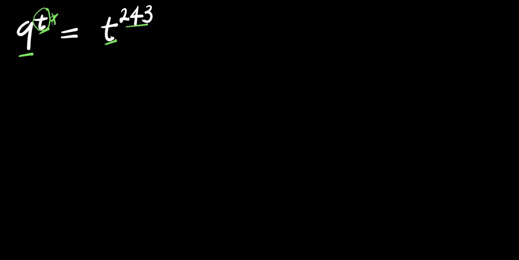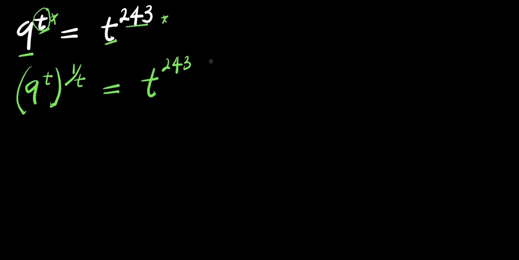So I'm going to multiply this exponent by 1 over t and do the same thing here. I have 9 to the power of t raised to the power of 1 over t, and this equals t power 243 raised to the power of 1 over t.